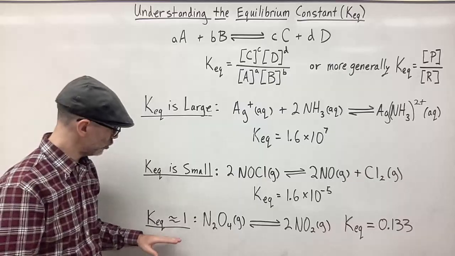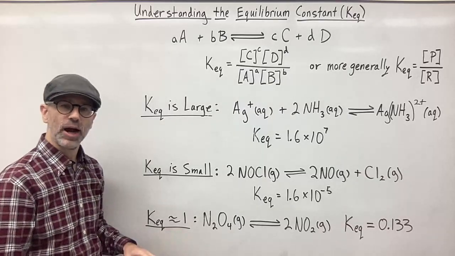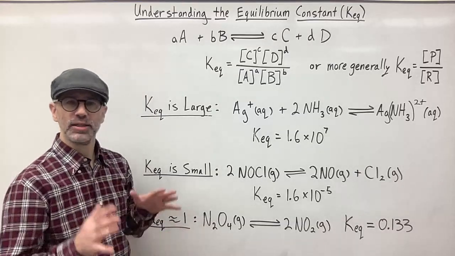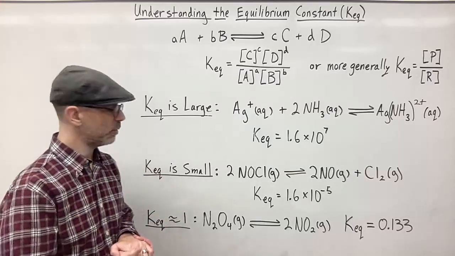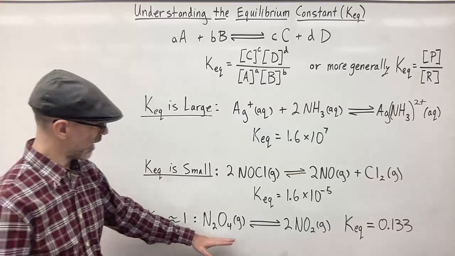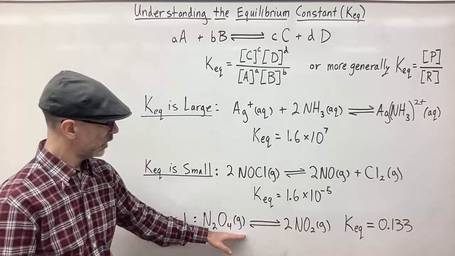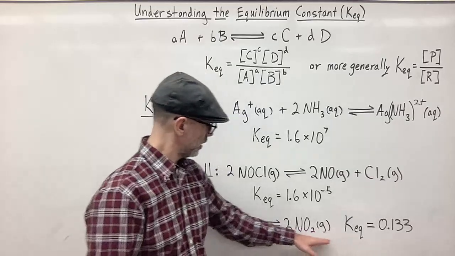What if the equilibrium constant is approximately 1, where the reactants and products are basically equal to each other? What about that? So here we have a reaction that fits that. We have N2O4 gas in equilibrium with two NO2 gas.